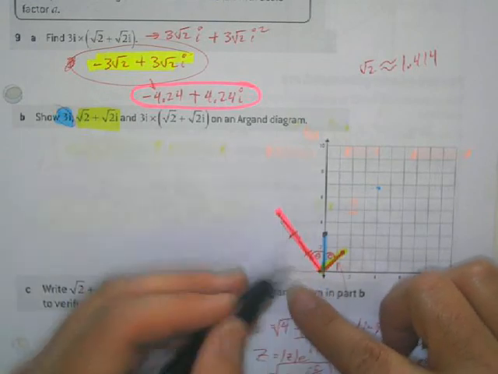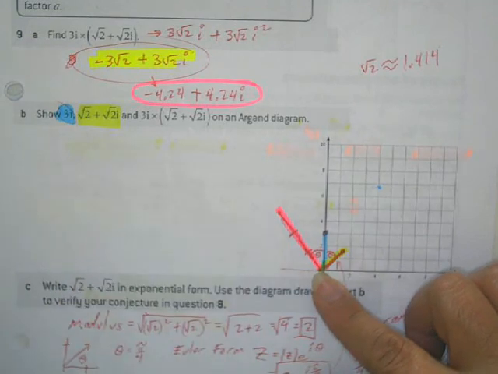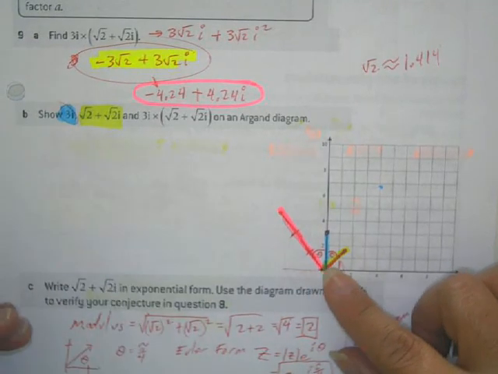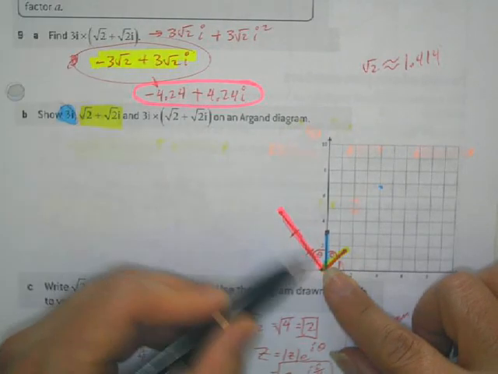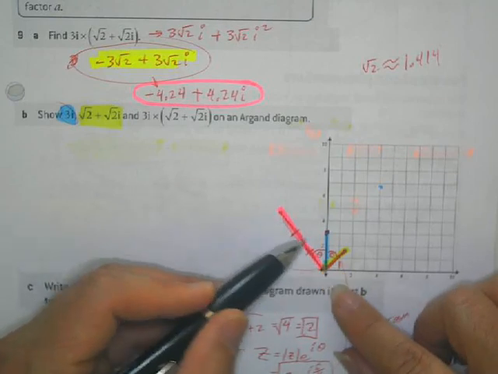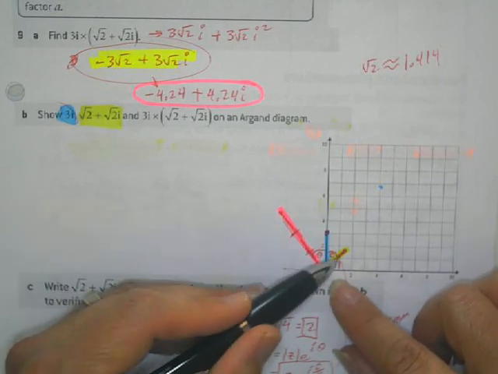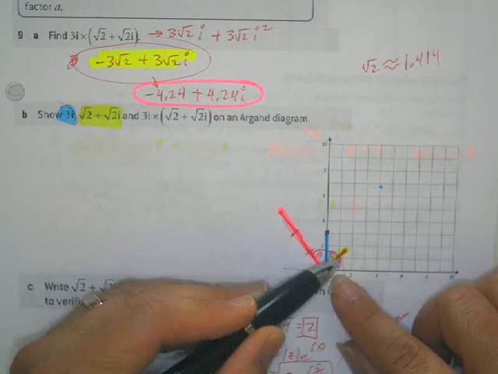And then notice how the length of this pink line should be 3 times as long as the yellow one. Because of this 3, we made the modulus 3 times longer when we multiplied. And once again, we went around, because we multiplied by i, the argument increased by pi over 2.